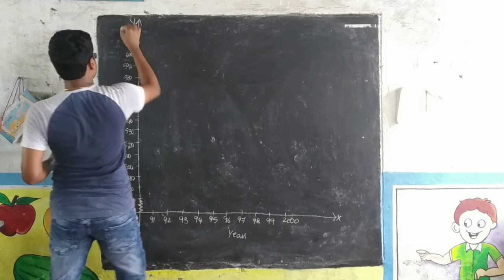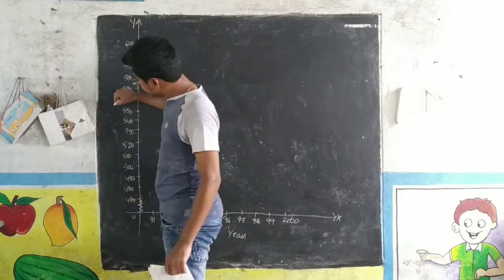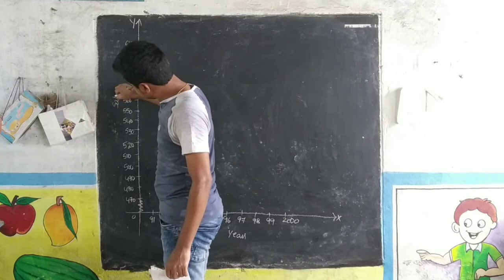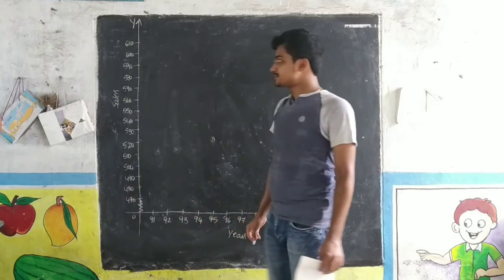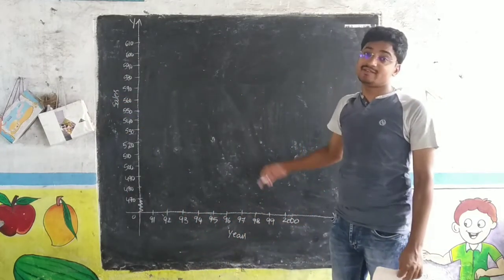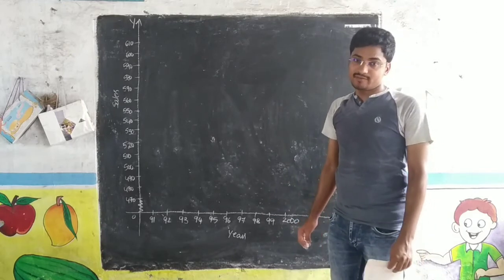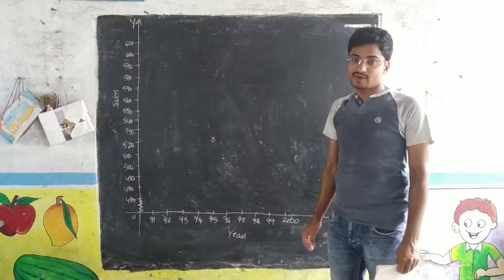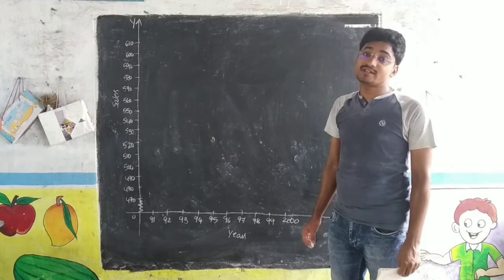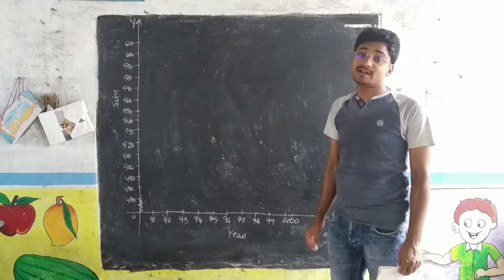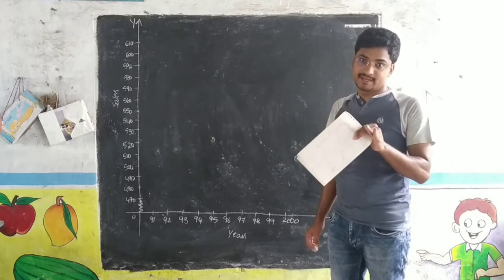This is Y. Y-axis is sales, X-axis is years. This is the 5 yearly moving average. First we have to draw a curve by using the first and second columns. What are the first and second columns? Years and sales.